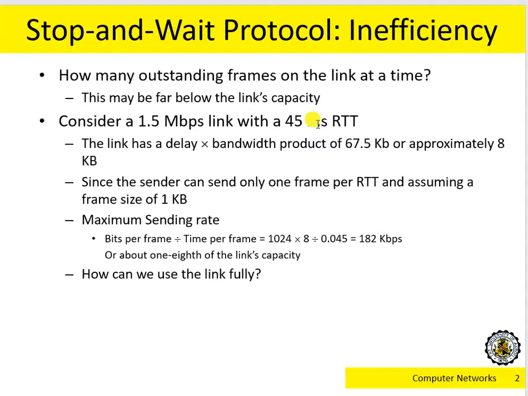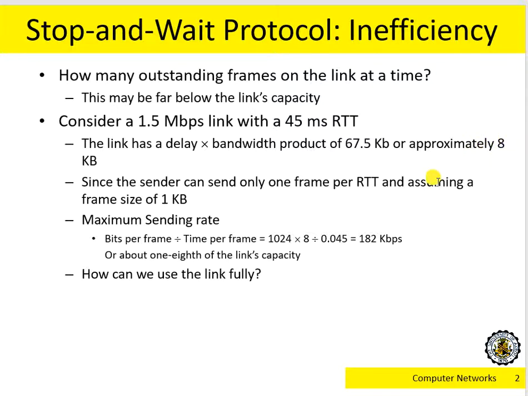So basically, the whole capacity of your networking link is 1.5 megabits per second times 45 milliseconds. You get about 65.5 kilobits. If you divide it by 8, it's about 8 kilobytes.